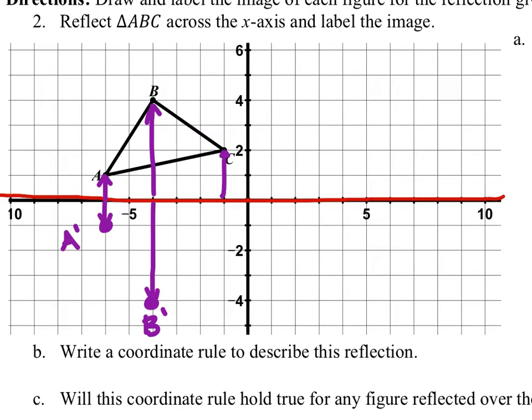C is 2 up from that line of reflection, that x-axis. So we'll go 2 down, and that gives us C prime. And so we can see now that we have reflected triangle ABC into triangle A prime, B prime, C prime as the image.